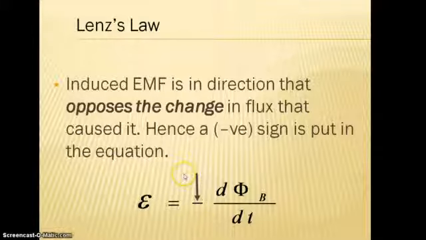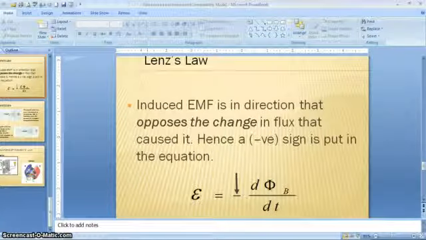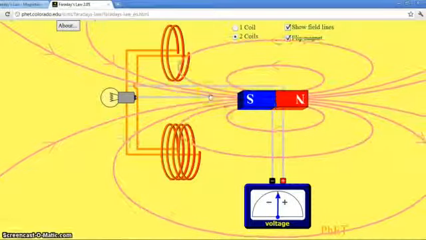Now let us visualize Faraday's experiment with the help of an animation simulation. In this animation simulation, we will find a magnet. There are two coils, a bulb, and a galvanometer-based voltmeter.